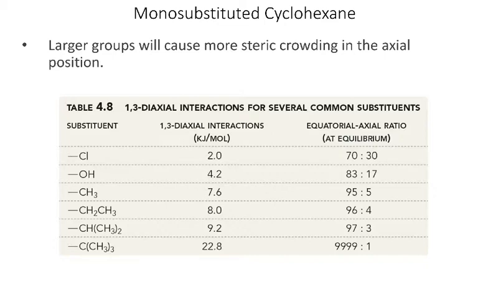The greater the energy, the more unfavorable those 1,3 diaxial interactions are going to be, and the less likely we're going to find conformations where that group is in the axial position. And as a result, the higher the energy, the greater the percent chance that the molecule is going to be in the conformation that has the substituent in the equatorial position.